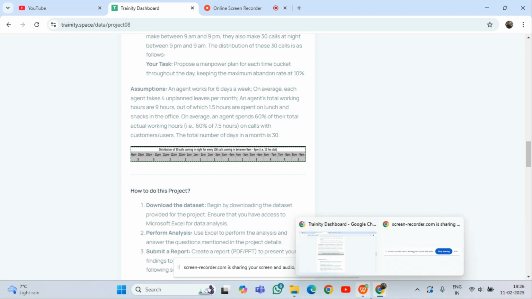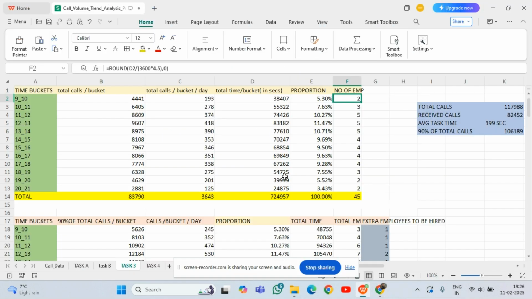So the effective work will be 4.5 hours for each and every employee.